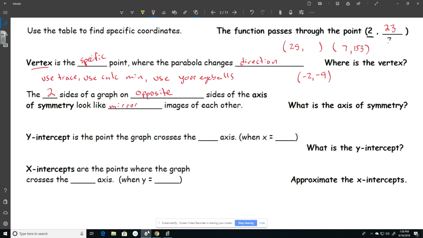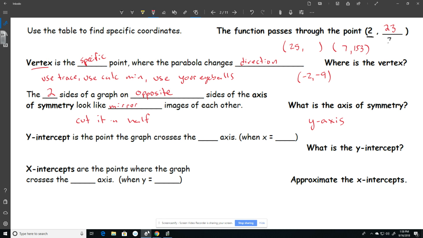So on my answer, what is the axis of symmetry? I'm going to put it's the y-axis. That means it's symmetrical over the y-axis. It looks like a mirror on one side and the other of the y. Okay, and if you want to put a little note here that you cut it in half so it looks like a mirror.